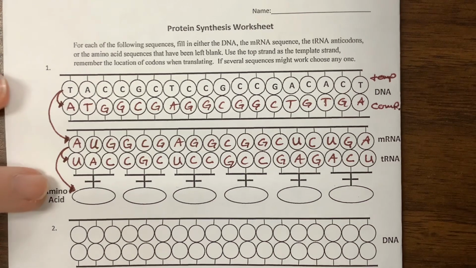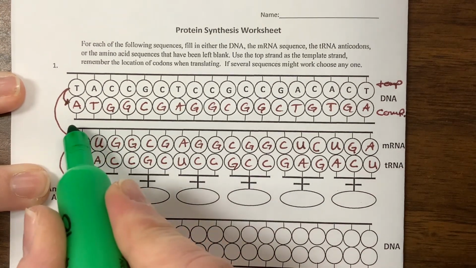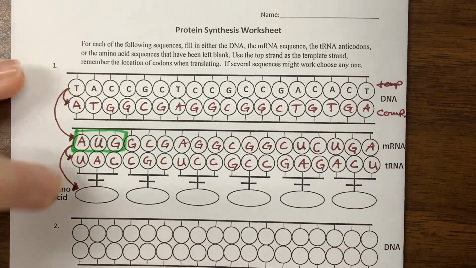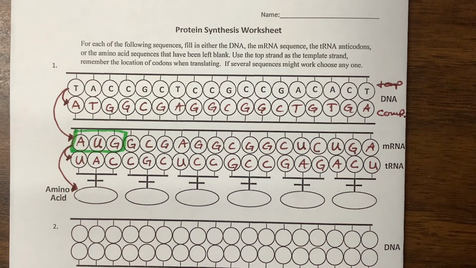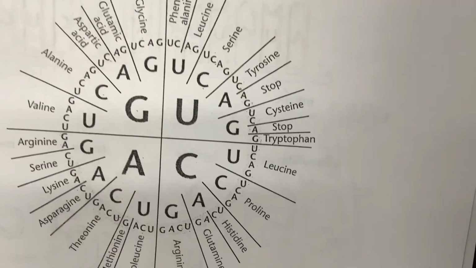Now, to figure out my amino acid, I need to make sure that I'm looking at the codons. So remember that codons are on the mRNA strand, and I'm just going to put a little box around this codon right here, because that's going to be the one that I want to use first. So we take that codon and we look at our decoder sheet here, okay?